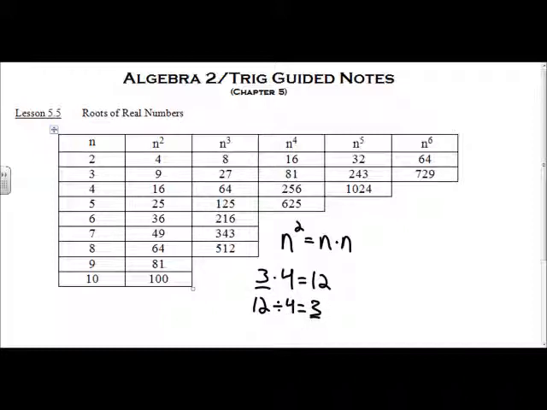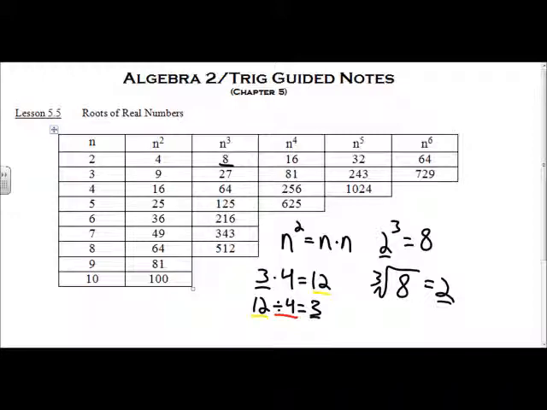Well, say we started with 2 cubed, according to our chart, gives us 8. There's also an inverse of that. Just like here, how we got to 12 by taking 3 times 4, and then we started at 12 and went 12 divided by 4 to get back to our 3, in this case we can take the cubic root of 8, and that'll get us back to 2 where we started.